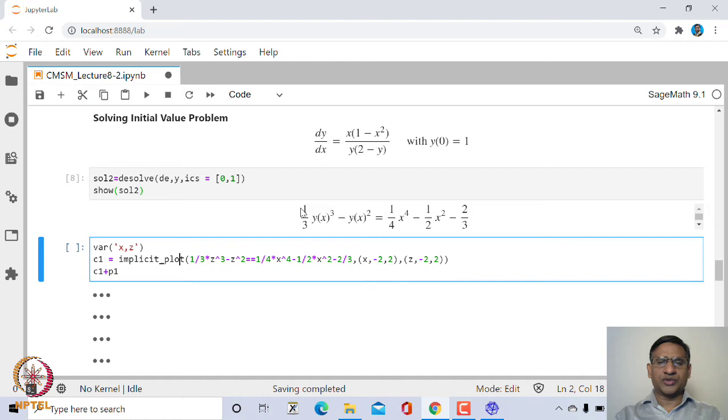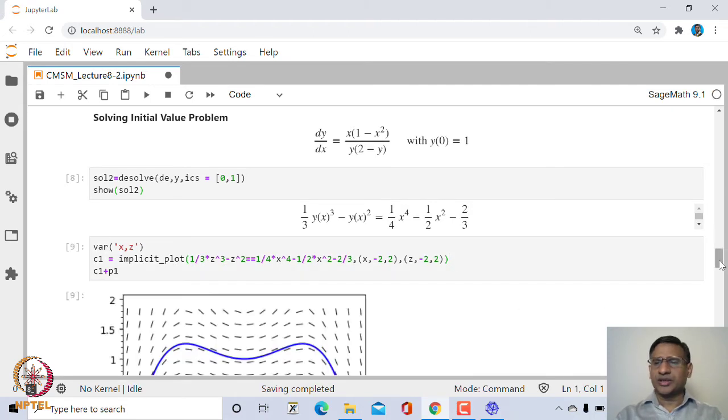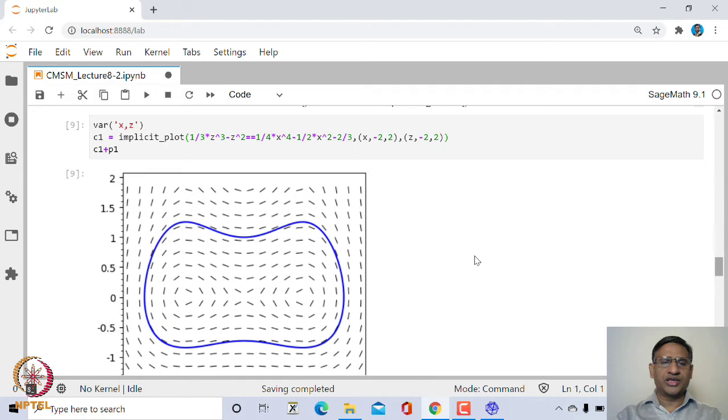I have just replaced wherever y(x) by z, and then plot this with x between -2 and 2, z between -2 and 2. And let us plot along with the slope field. You can see here this is how the solution curve looks, and this is the slope field.